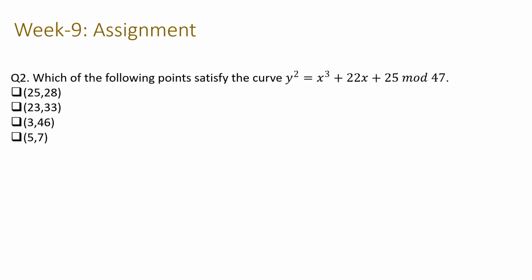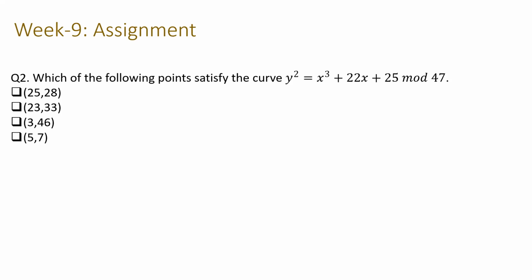Next question. Which of the following points satisfy the curve y square equal to x cube plus 22x plus 25 mod 47? There are 4 options given. Actually, there is nothing to explain in this question. You just put in the values of x and y.